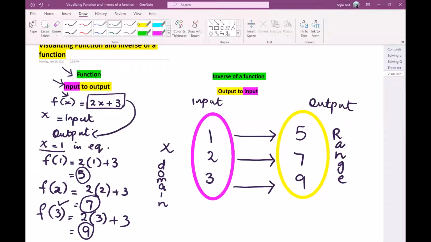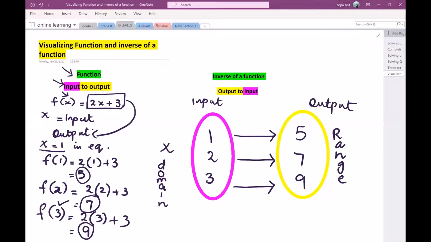Right? Now we need to understand what we mean by inverse of a function. Please keep this in mind, that inverse is reverse of it. If you have value 5 as an output or as the range, how can you move back to your x value? We need to have a function that is called inverse of a function, reverse of the function or anti-function.